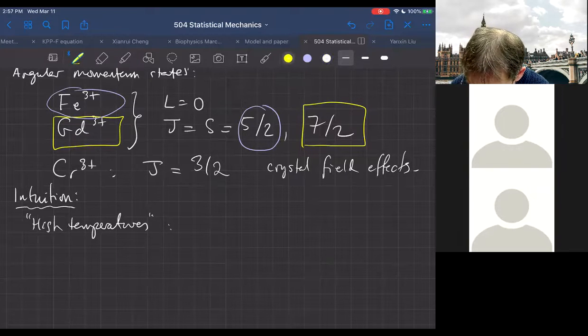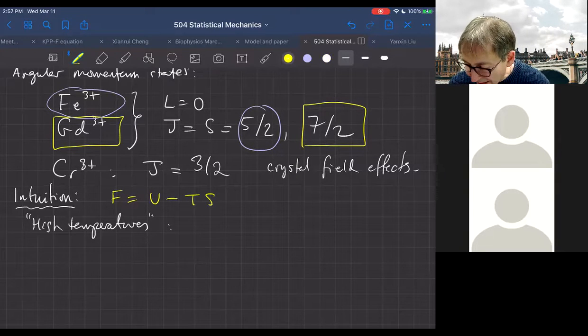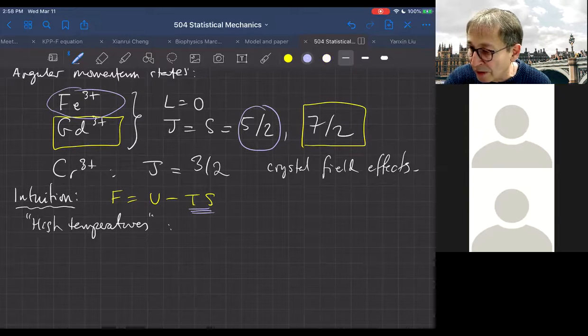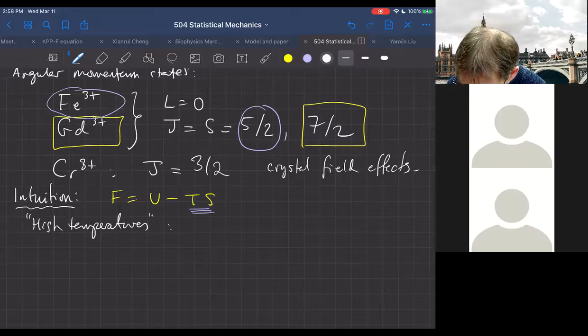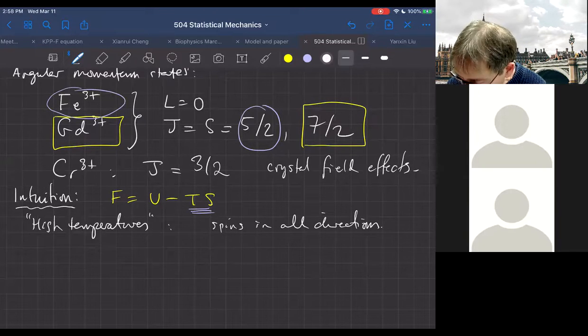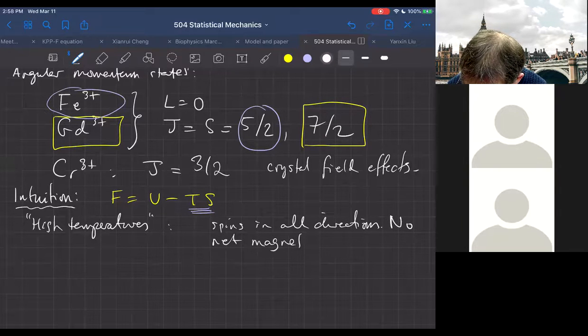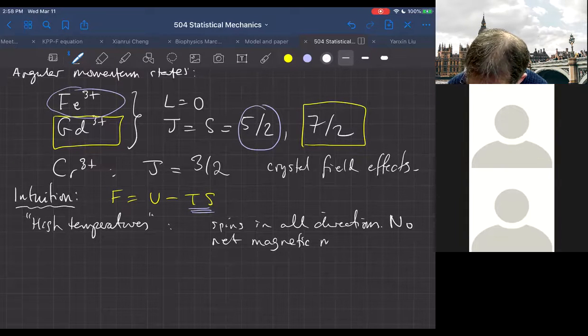The thing we always think about in statistical mechanics is the Helmholtz free energy and the balance between the energy and the entropy. If I'm at high temperatures, then the TS term is the one that is more important. Because of that, the spins will point in all directions, and that means there will be no net magnetization, no net magnetic moment.